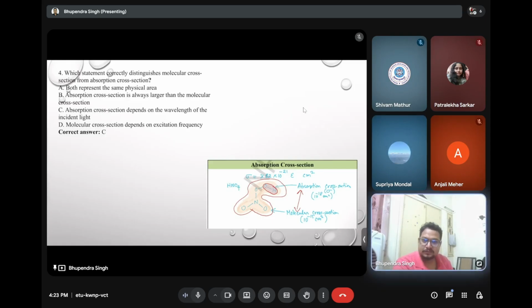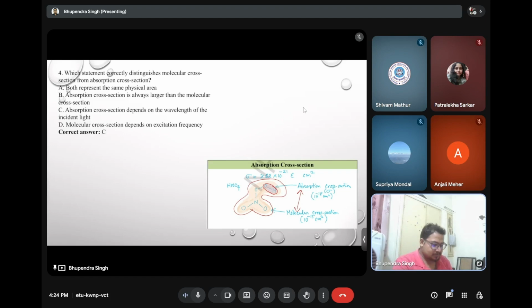Here it is one molecule only. I have given an example of this molecule; any molecule you can take. You've said normally absorption cross section is always larger. It is not normally, it is always smaller, because the molecule is big and only a certain part of it is absorbing, because you are giving that particular amount of energy.